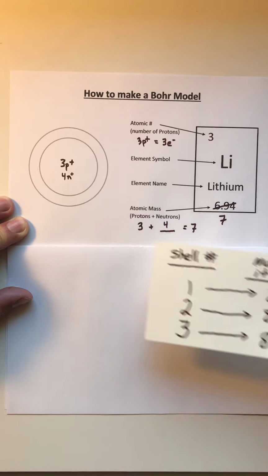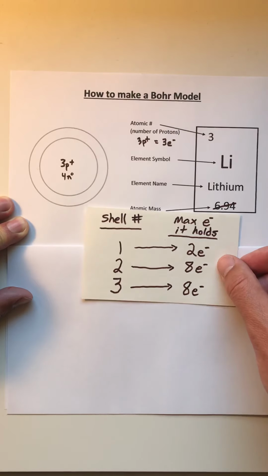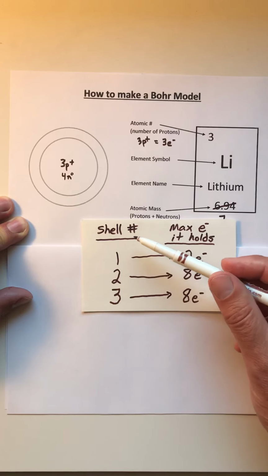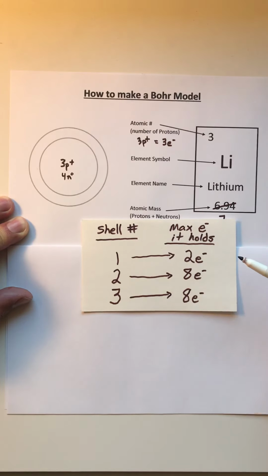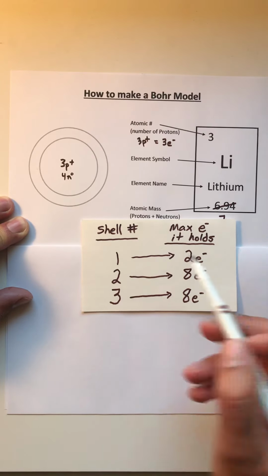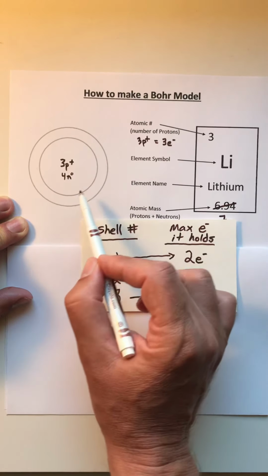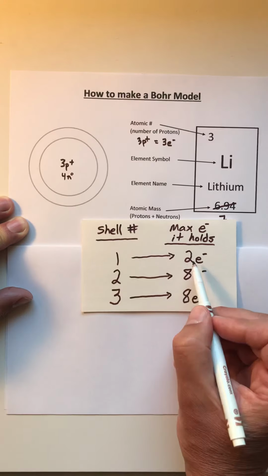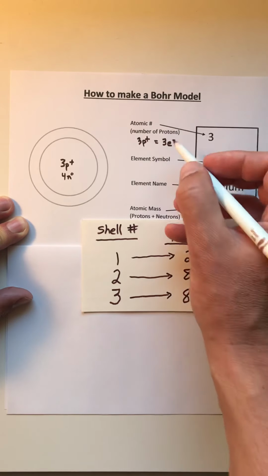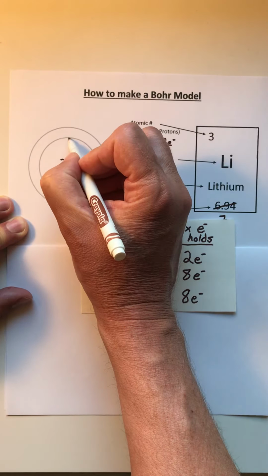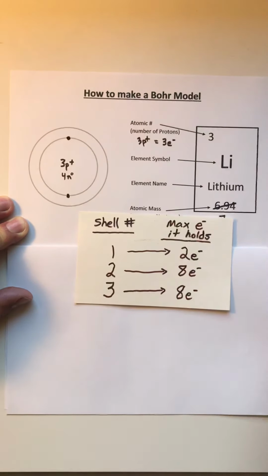So if we look at what we learned from the previous video, each atom has a number of orbitals or shells that hold electrons. The first, or inner shell, this first circle just outside the nucleus, only holds 2 electrons. Well, it has 3, so there must be 1 electron there, and another electron right there.